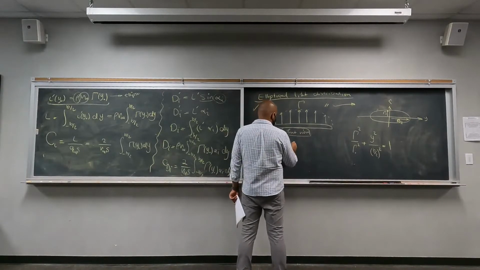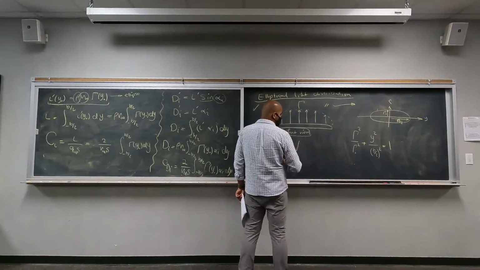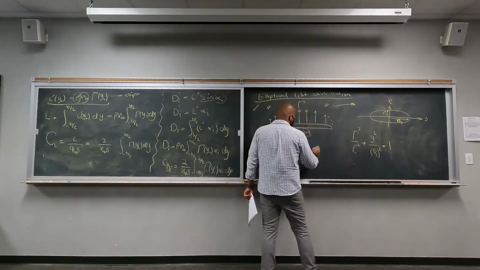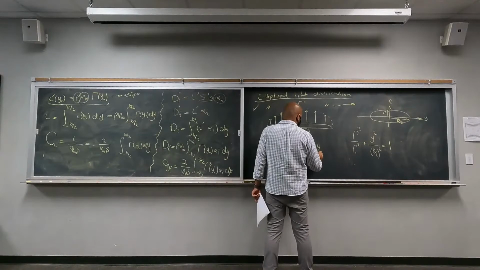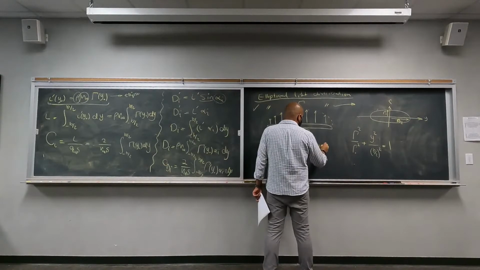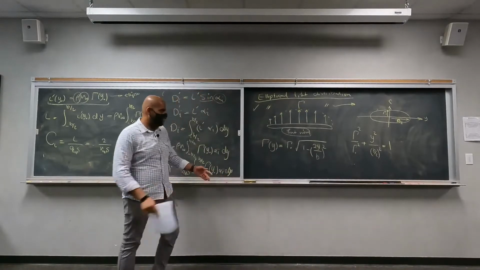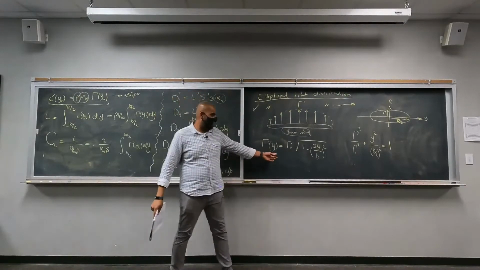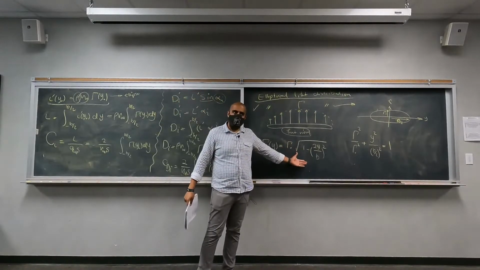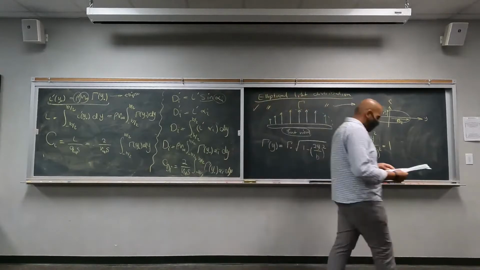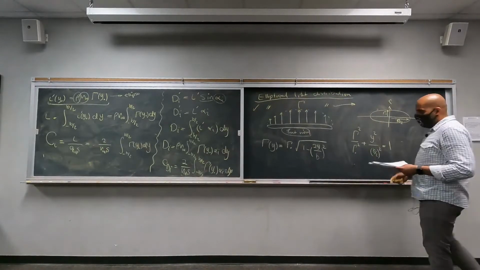It's going to be gamma naught times the square root of 1 minus, I'm going to move these two to the top, 2y divided by b squared. So your circulation, the change of circulation with respect to y, has to follow this function. Okay. So we have this function.